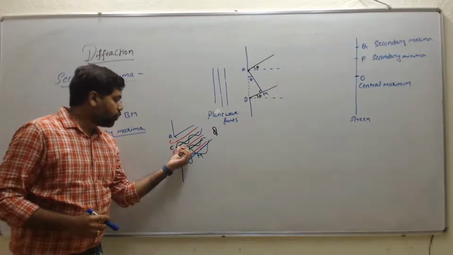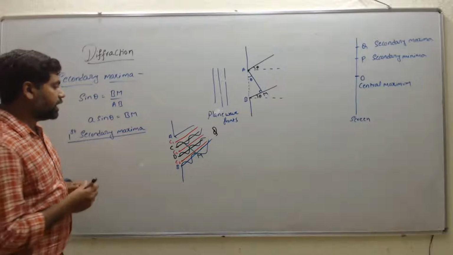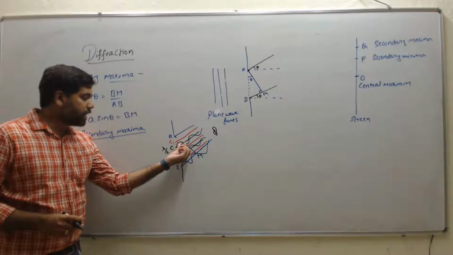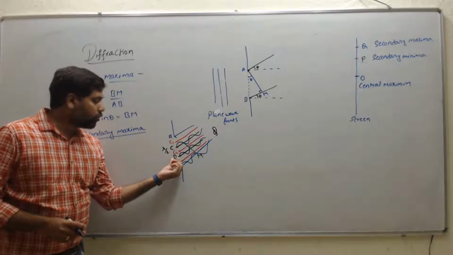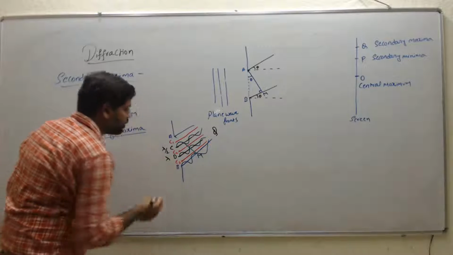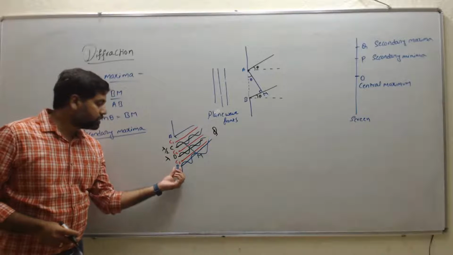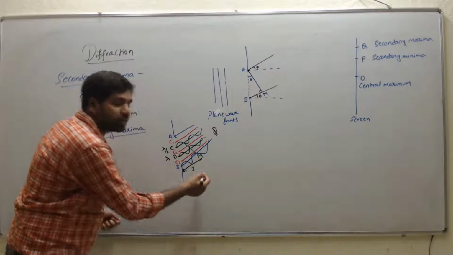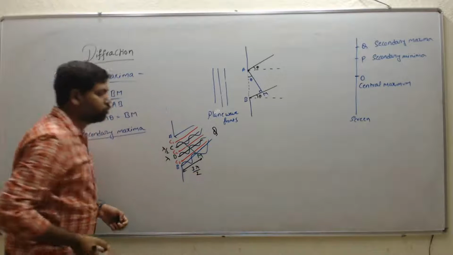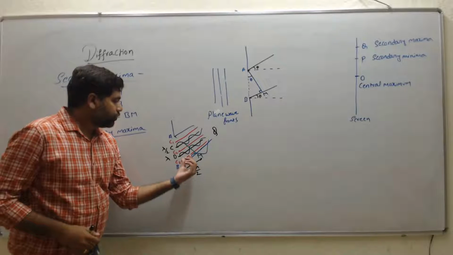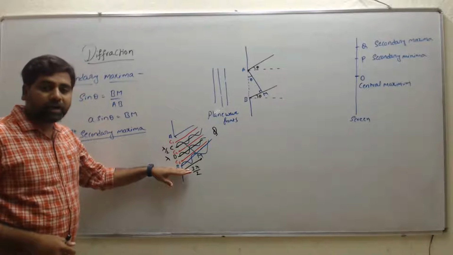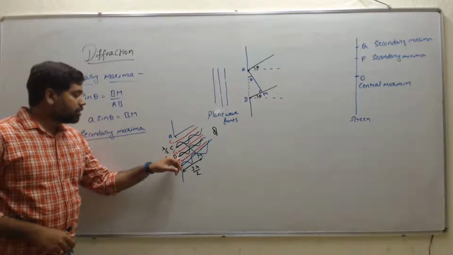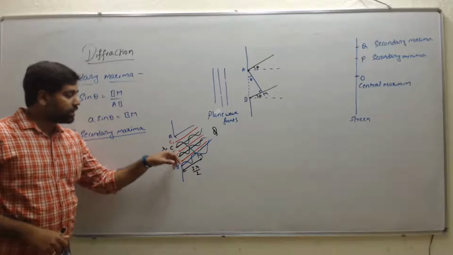If we observe here, at the point C the path difference is lambda by 2. At point D we have one full wave, so the path length is lambda. Similarly for BM, we observe one full wave and one half wave, lambda plus 1 by 2 lambda, which can be written as 3 lambda by 2. So the slit AB is divided into three equal parts. In the first part, at point C, the path difference is lambda by 2. In the second part, at D, the path difference is lambda, one wave.